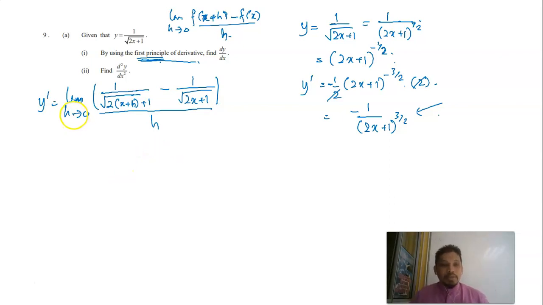Class, if we straightly substitute h as 0 here, any value divided by 0 is undefined, meaning it's meaningless. We are not going to do that. Instead, we are going to multiply with a conjugate. Before that, with the limit of h approaching 0, let's simplify everything inside this big bracket.